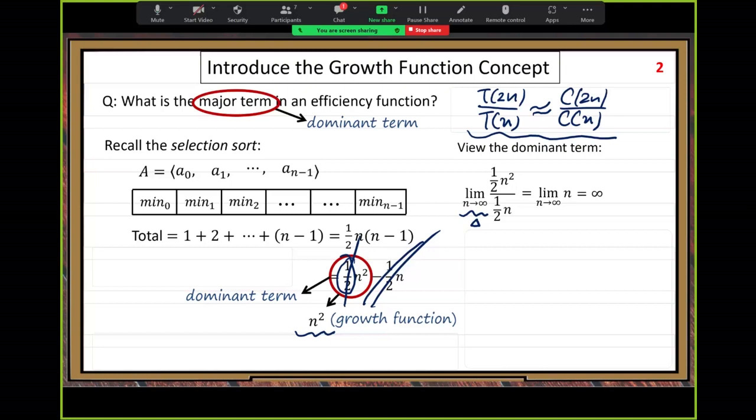That's the meaning of the concept, growth function. You may ask me why we want to introduce this growth function concept.